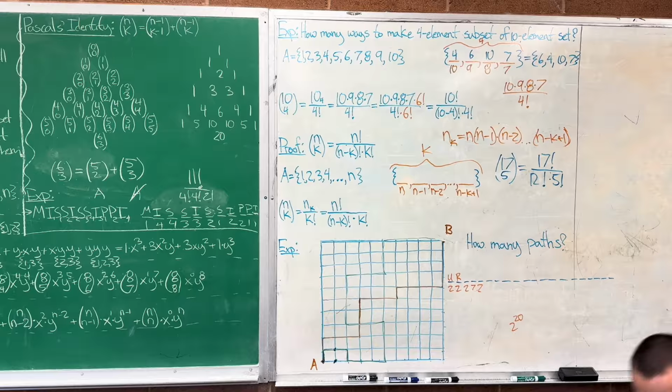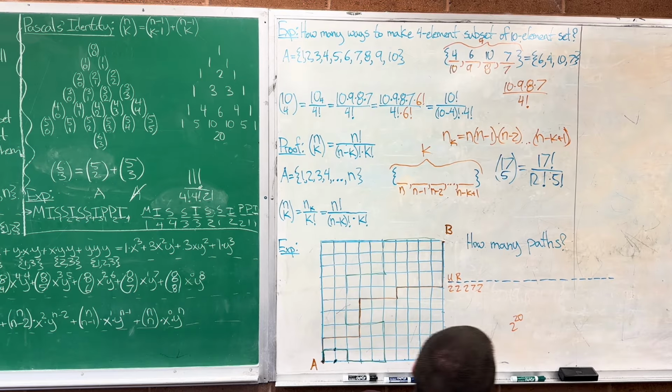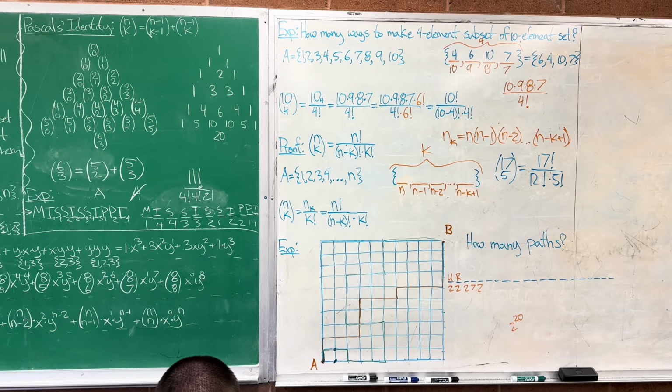So how's one way we can think about this now in terms of subsets? You have to have 10 ups and 10 rights. So how might we choose that?